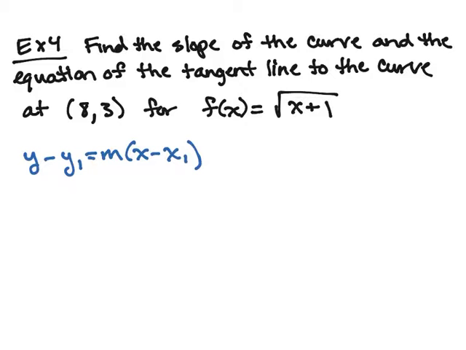All right, well, the way they gave me this problem, they want to find the equation of the tangent line to the curve at 8, 3. Well, right there, they just gave me my x1, y1. So to write the equation of the line, the thing I'm missing is m. M is slope. How do I find slope? We use that derivative formula.